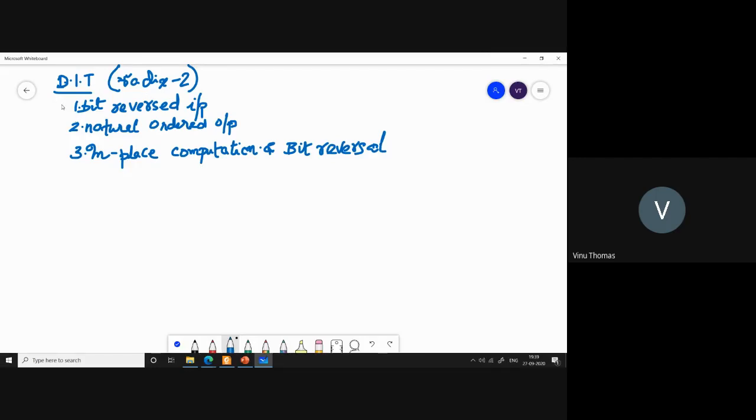The decimation in time FFT algorithm resulted in a signal flow graph with bit reversed input and the natural ordered output. So the input is in the bit reversed order and the output is in the natural order.